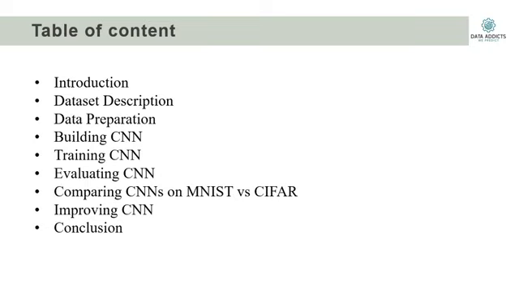After that, we're going to make our CNN. Then we are going to train the network that we made. We're going to talk about evaluating the performance of our CNN model, and we will compare our CNNs on two different datasets. Then we're going to try to improve our convolutional neural network model, and I will briefly have a conclusion about my project at the end.